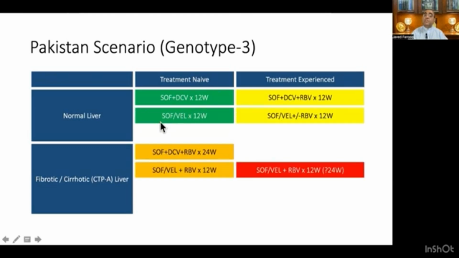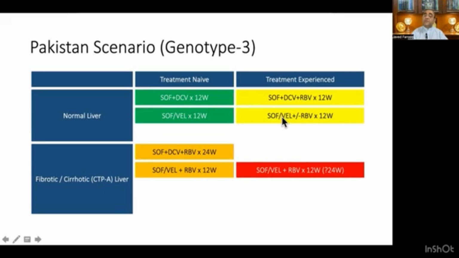Now coming to the sofosbuvir-velpatasvir option, if you are treating these patients with sofosbuvir-velpatasvir, what should be the drug combination and duration? In normal liver and treatment naive patients, sofosbuvir-velpatasvir for 12 weeks is sufficient. And if your patient is treatment experienced and the previously used treatment was interferon, then probably sofosbuvir-velpatasvir for 12 weeks will be sufficient.